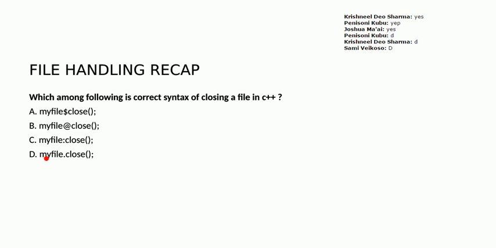So you need myFile.close and then the brackets. What does that myFile mean? Should it be something else like data.close or just file.close? Why did we use myFile.close?